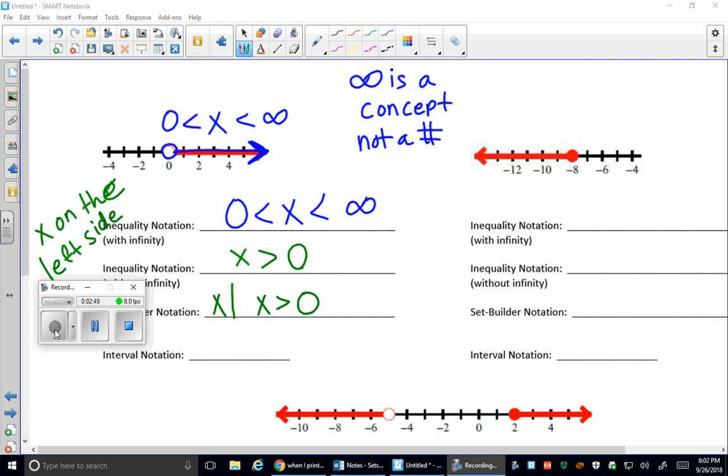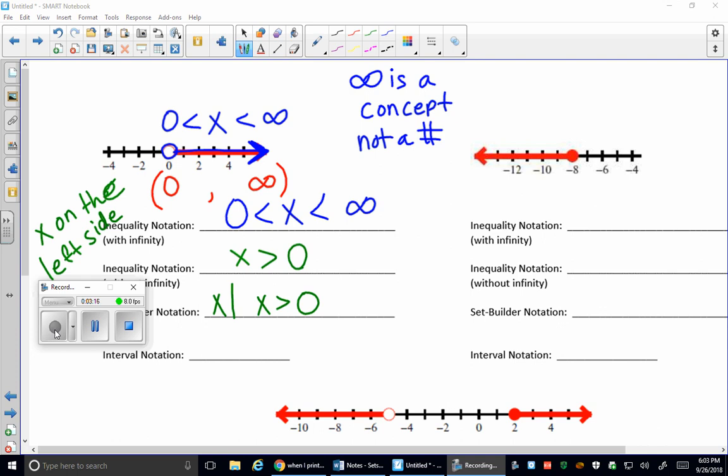So then the last part here is, how do I write the interval notation? And that one's actually pretty easy. So we started with 0, and it's parentheses because it's an open circle, comma, over here is infinity. And notice that I didn't put a bar here. And so why are we going to use parentheses there?